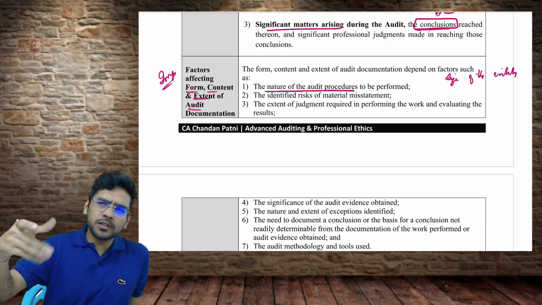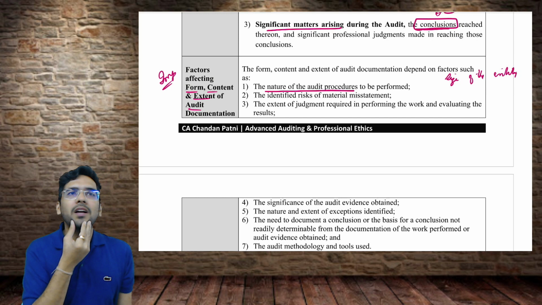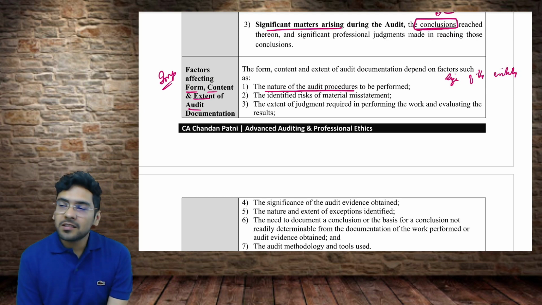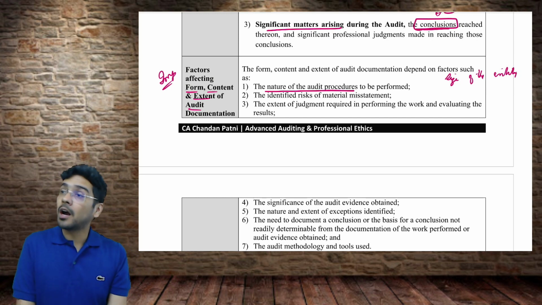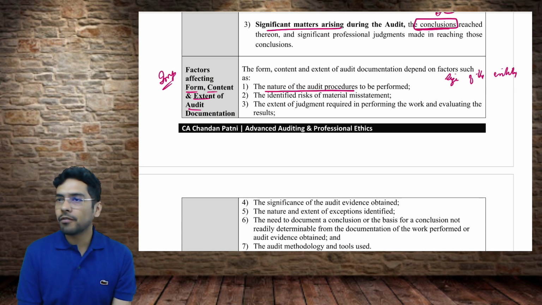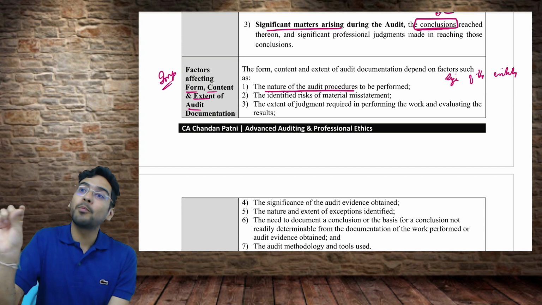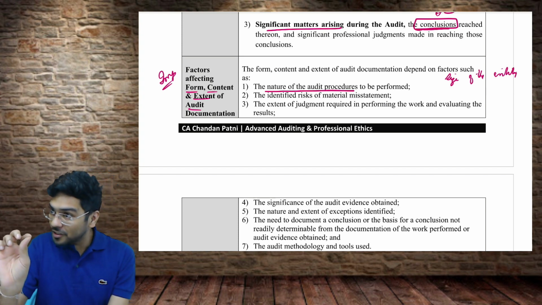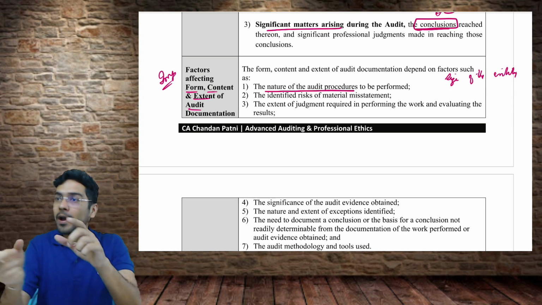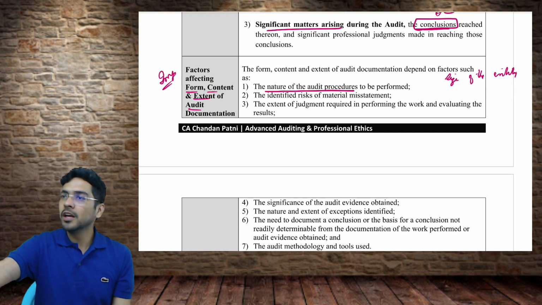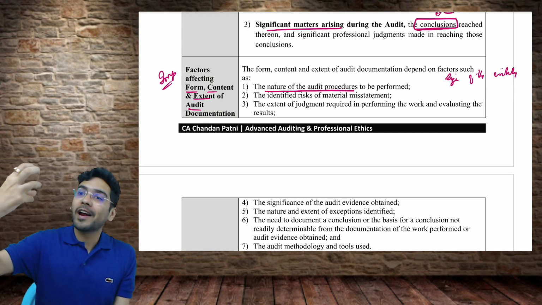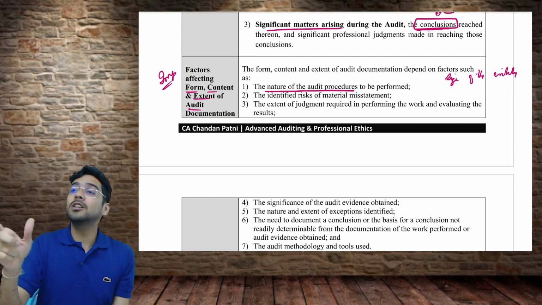But let me give you one more example. Let's say there is an order against the company from the High Court. It is a 150-page order and it is very significant. Now, will you only keep that order received, or will you think of keeping a copy of the order? Yes or no? Because this is significant. So is it impacting the extent of our documentation? What procedures you apply, what kind of evidence you are trying to gather, all this will matter a lot.